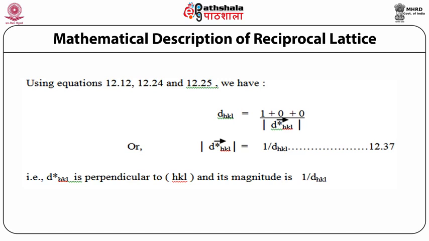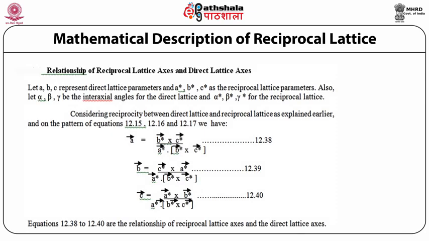That is, d star hkl is perpendicular to hkl and its magnitude is 1 upon d hkl. Relationship of reciprocal lattice axes and direct lattice axes.